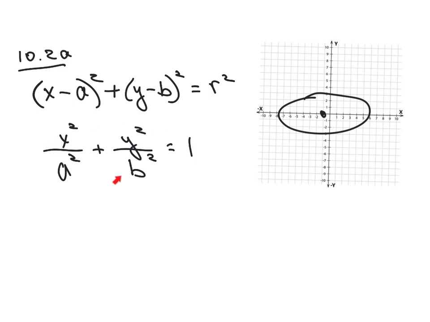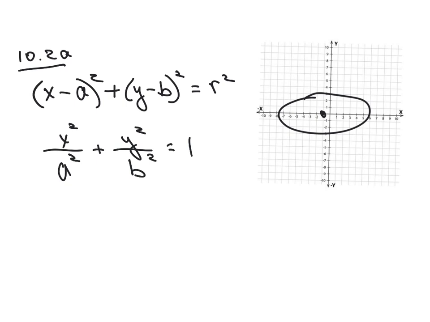So here's the formula for an ellipse, and this is the formula for an ellipse that is centered at the origin, okay? So remember when we did a circle, it was just x squared plus y squared equals r squared. There was no a and b because the center was at the origin. Well, here we have an a and b, and we'll go into why in a bit.